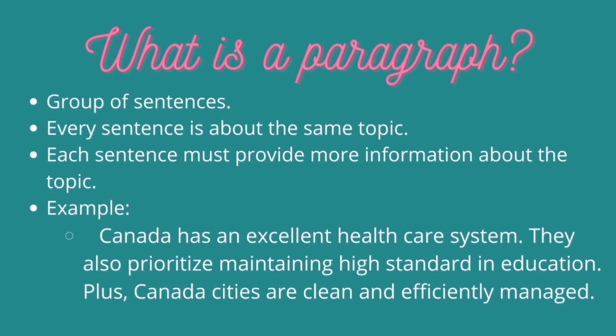If you can recognize, the topic for this paragraph is Canada, generally. And each sentence must provide more information about the topic. Since our topic is Canada, each sentence is about Canada, which tells more about the topic.